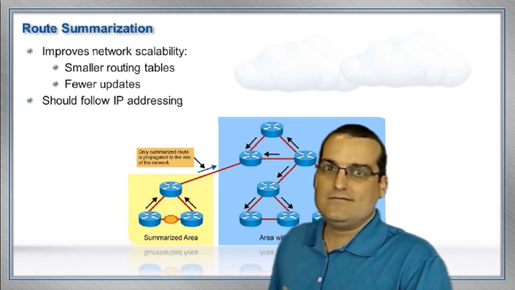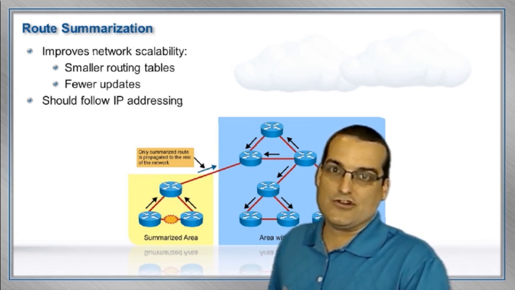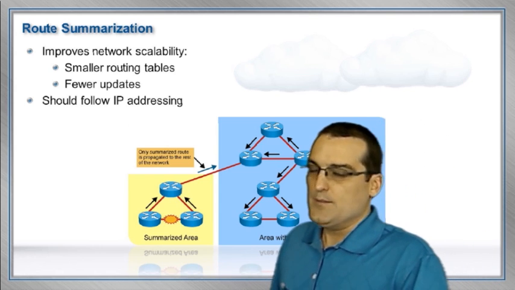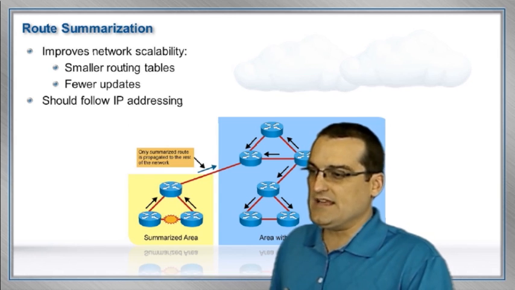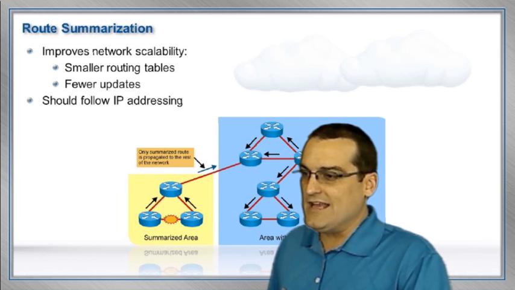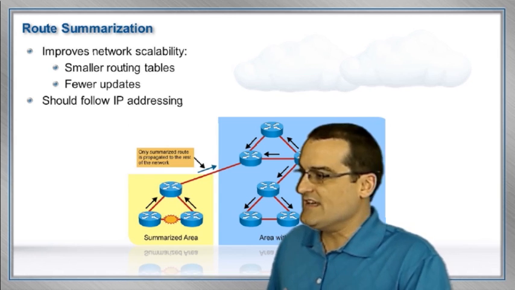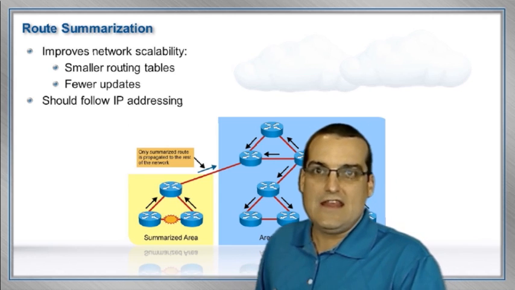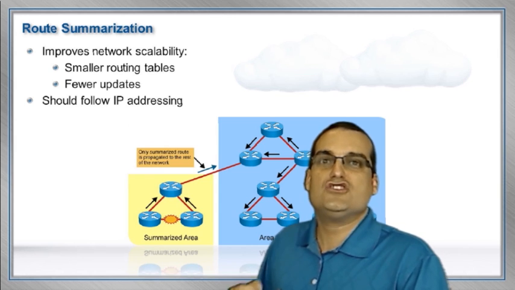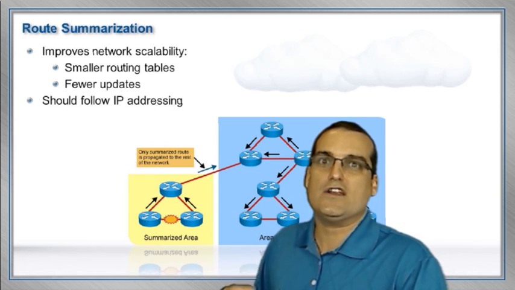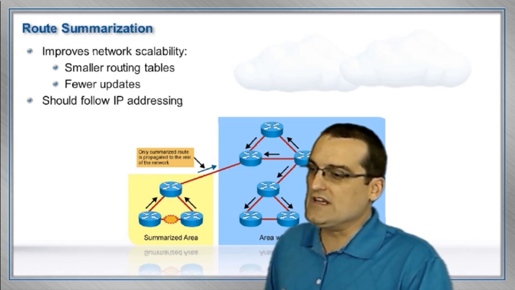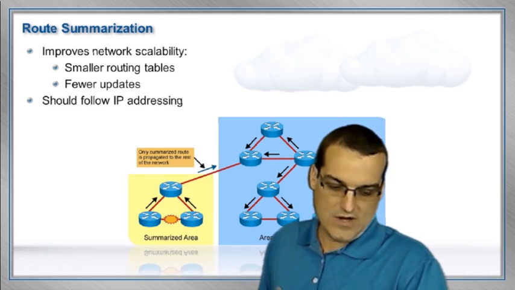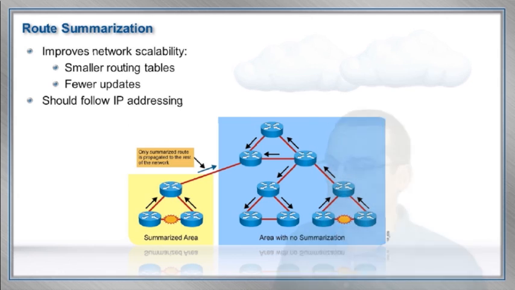Automatic summarization is not something that we would ever typically want, and I'll show you why in a few moments. Many engineers are surprised that the automatic summarization behavior in EIGRP is still a default, when so many engineers typically turn it off.